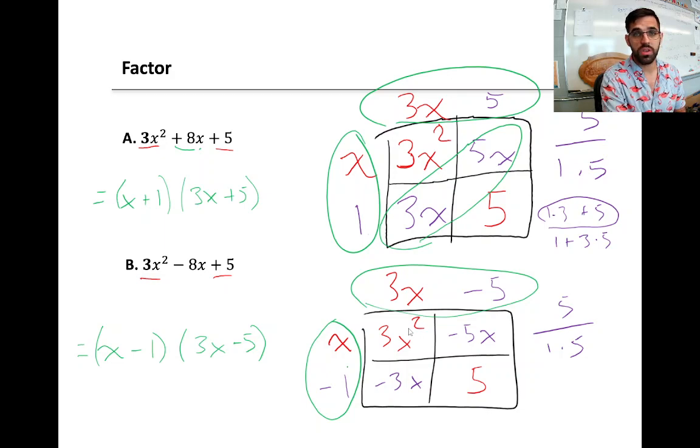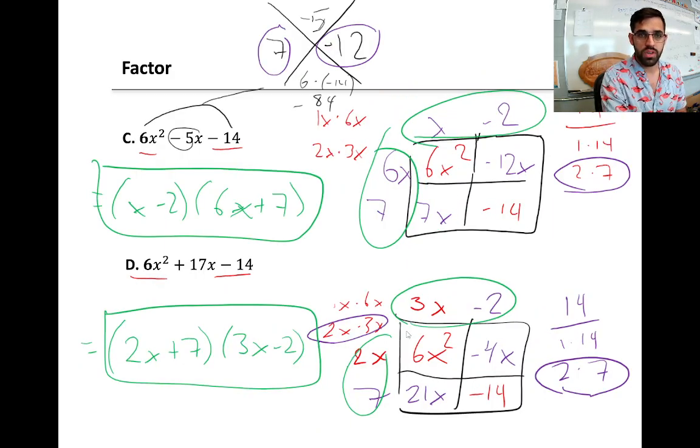There are tricks we can do to figure out where some of these pieces are. One of those tricks is right here. There's a trick, for example, of finding the x boxes. If you take the first term and the last term and you multiply them together, 6 times negative 14 is negative 84.